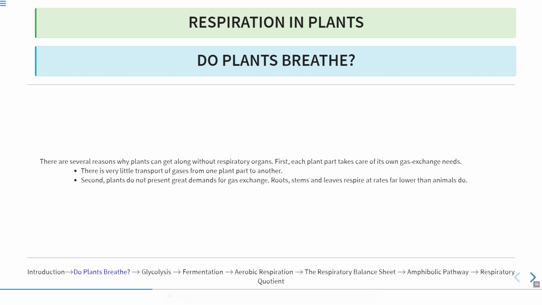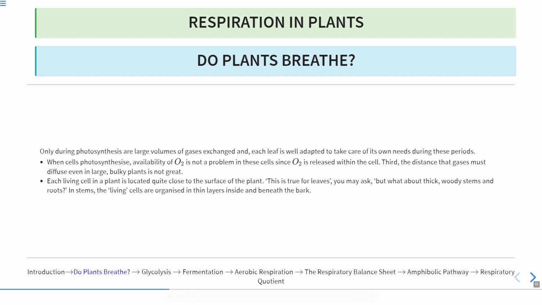If you compare with plants, plants are not respiring or exchanging gases to that extent. So the roots, stems, and leaves respire at rates far lower than animals do.